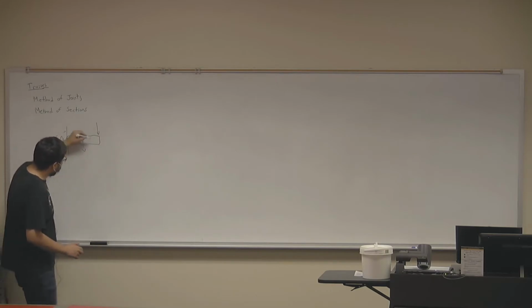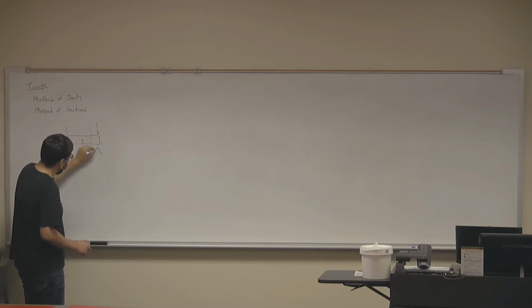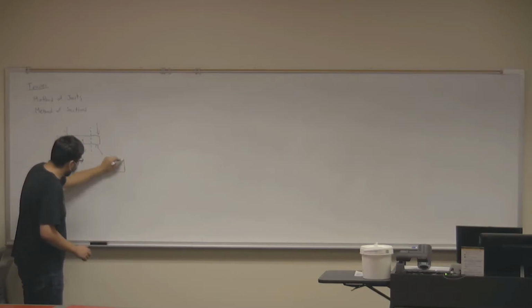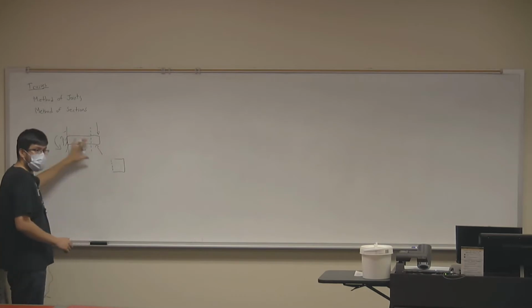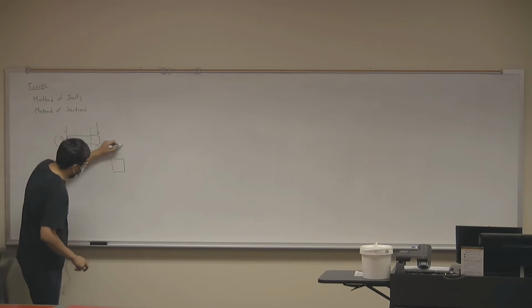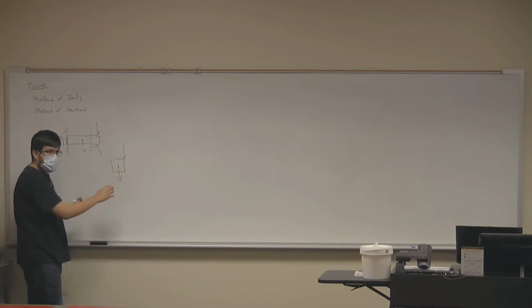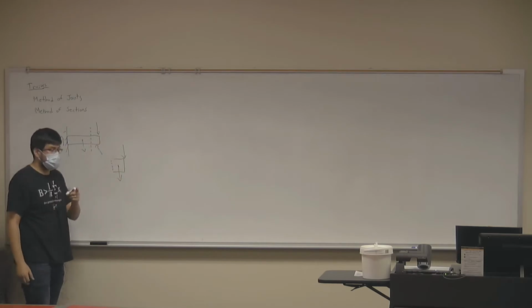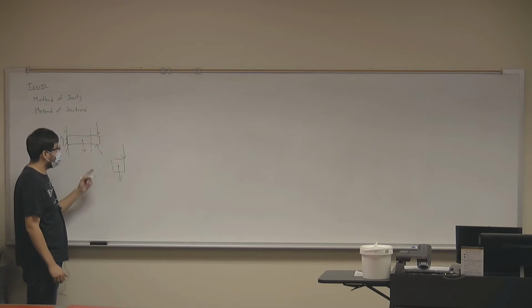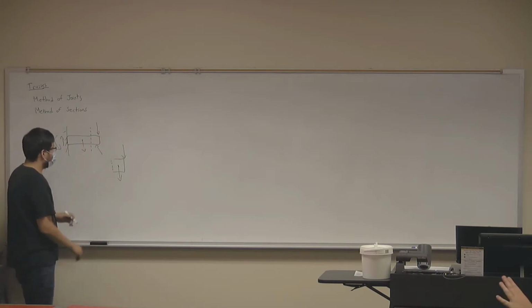So if I were to just focus on this portion of the bar, this bar has to be static just like the rest of the entire thing. And how does that happen? Well, this little portion is experiencing this force, is experiencing its own little weight. So what's keeping this portion of the bar in place? Our dotted line acts as our wall. Sorry? So the dotted line we have acts as our wall.